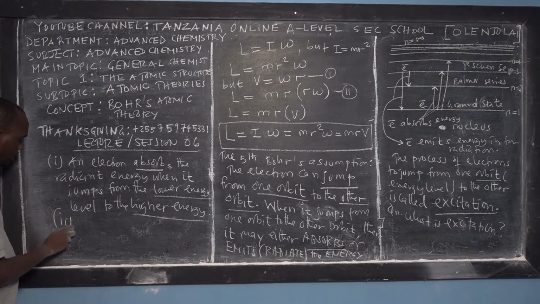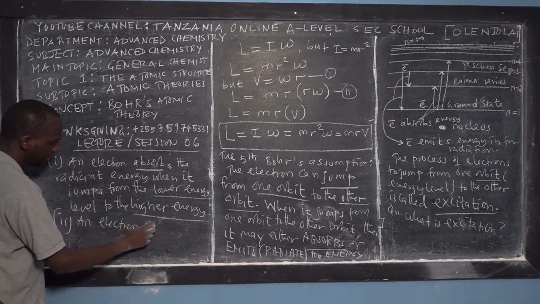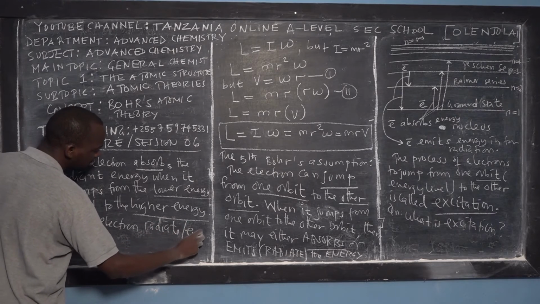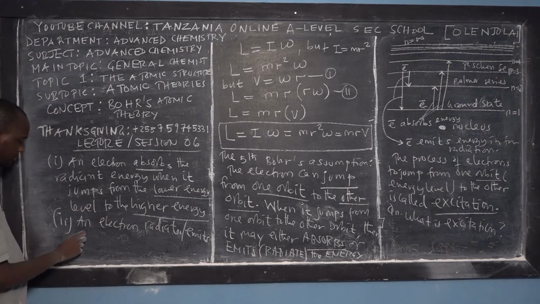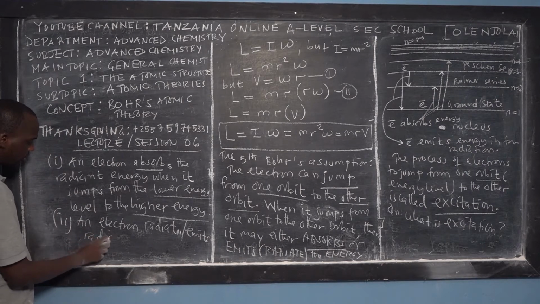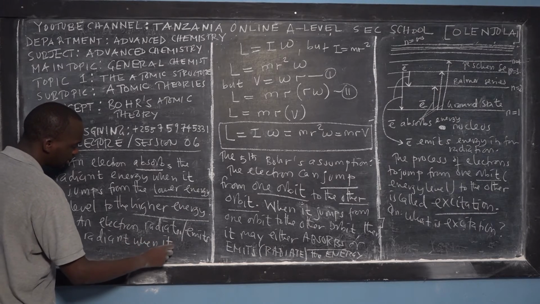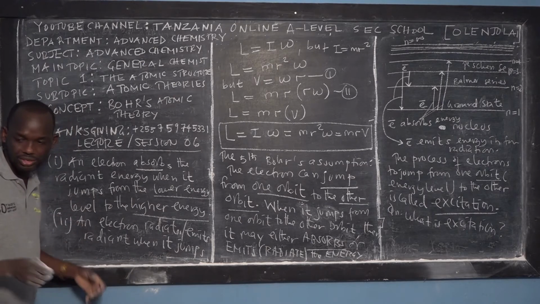The second one, we say that an electron radiates or emits radiant energy. It is absorbed when it jumps from what?